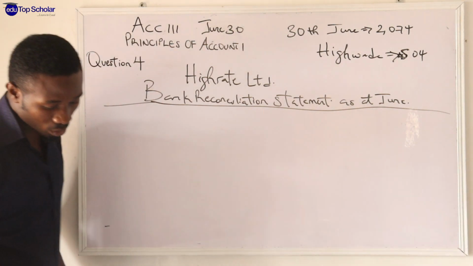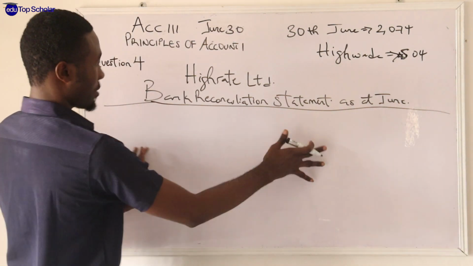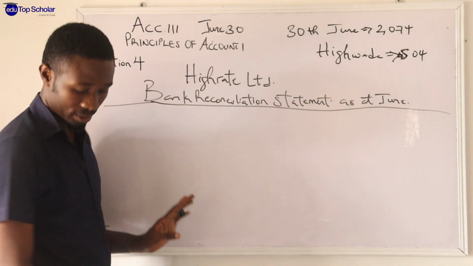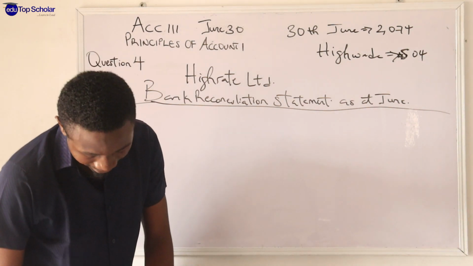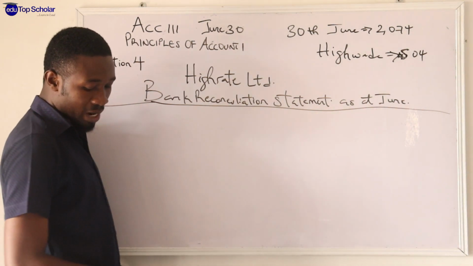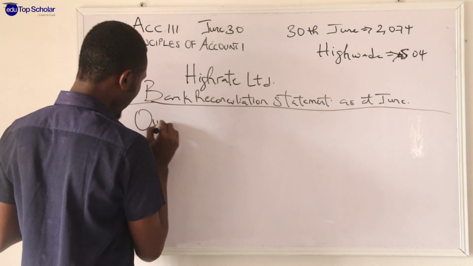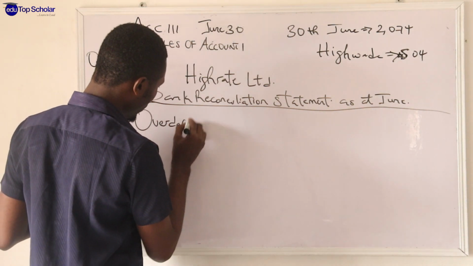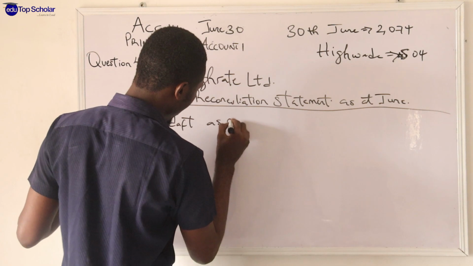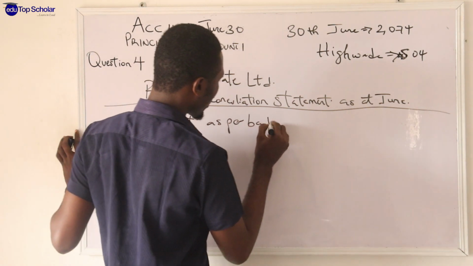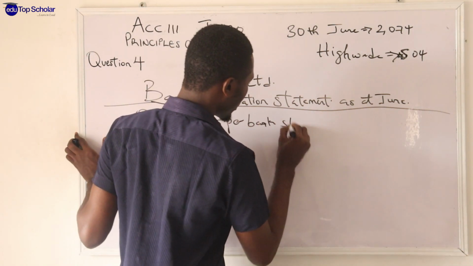They've already told us that the bank statement showed an overdrawn balance of 87 naira. So it has to be overdraft as per bank statement.